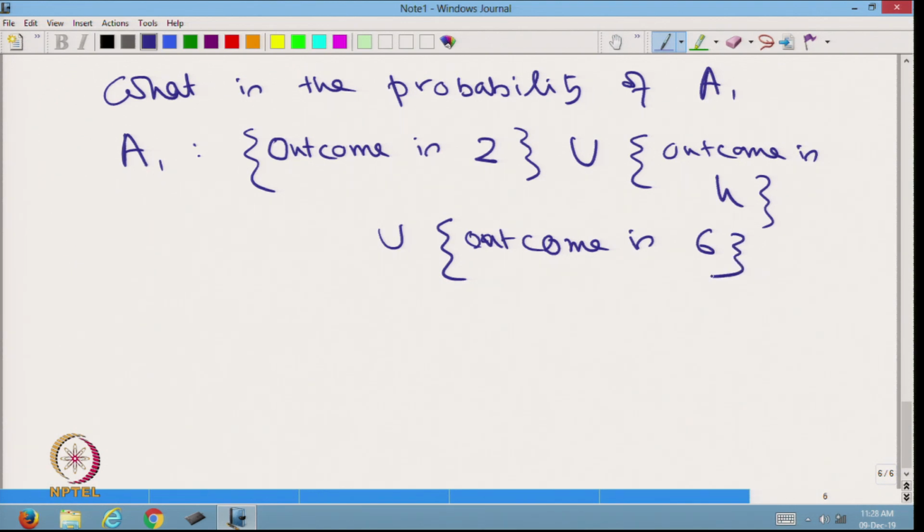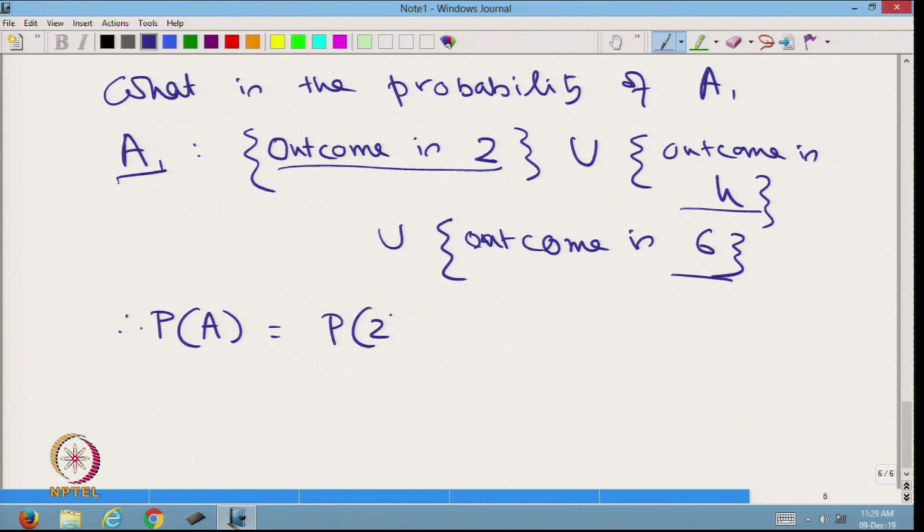Therefore, to obtain the probability of the event A1, we may look at the probability of the 3 elementary events, that is 2, 4 and 6.